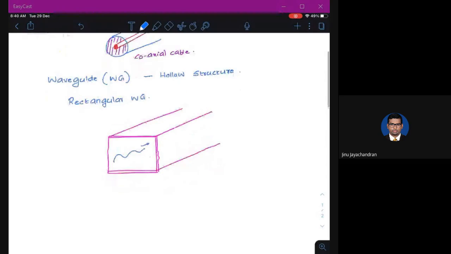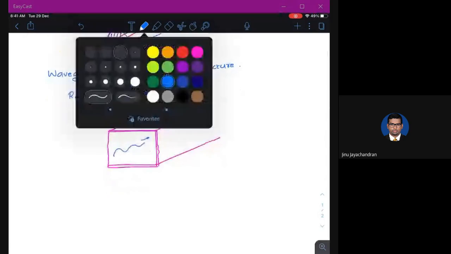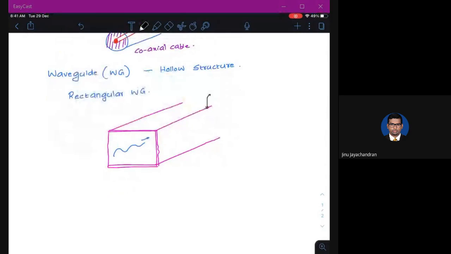Now, in the rectangular waveguide, you have this metallic side. So these are all metallic structures. The entire waveguide is made of some metallic elements. Okay. So what do you mean by metallic element?